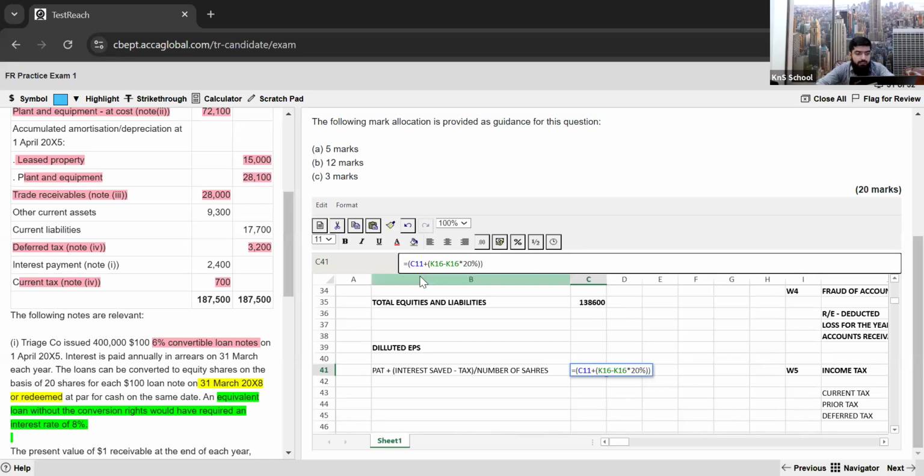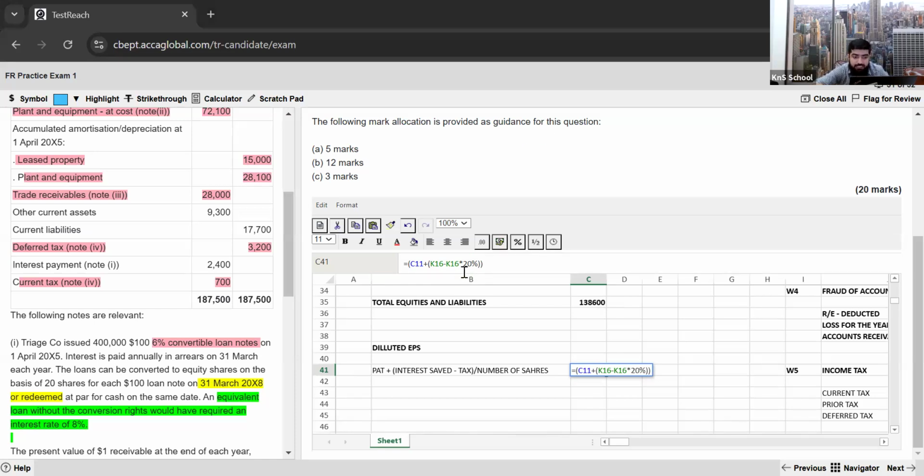Now, what is the formula? First of all, we have taken in C11 the profit after tax. We're going to add up the net amount, basically. K16 is basically the interest saved, that is 3023.